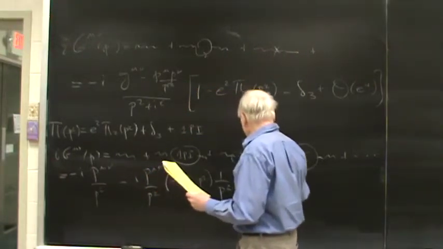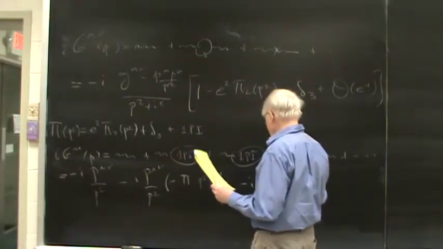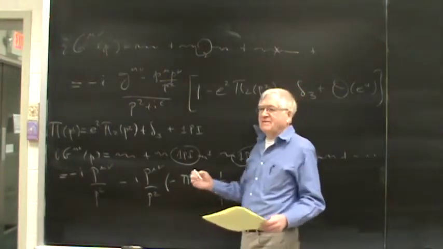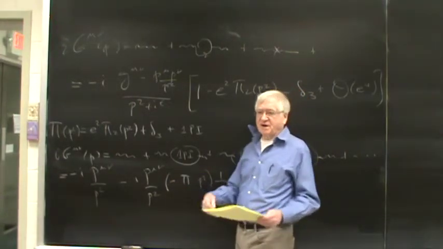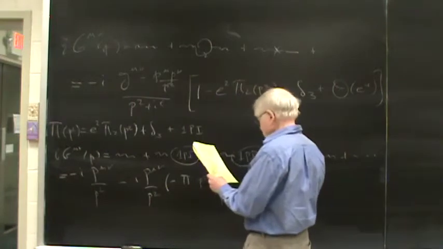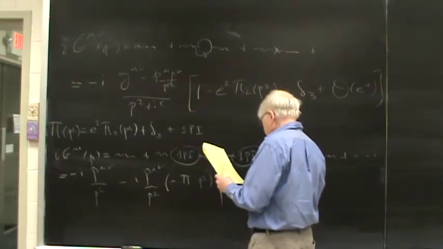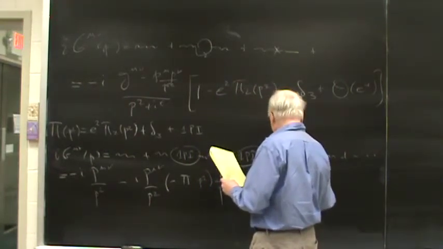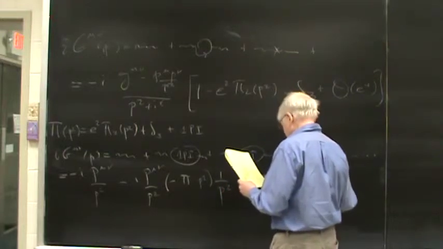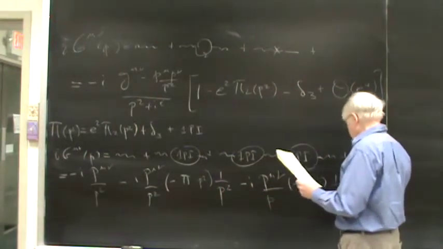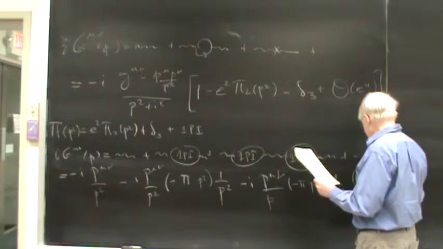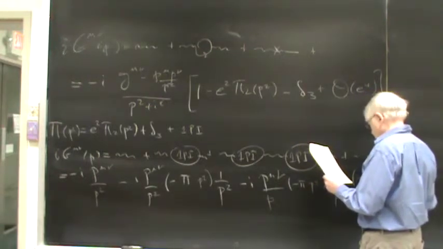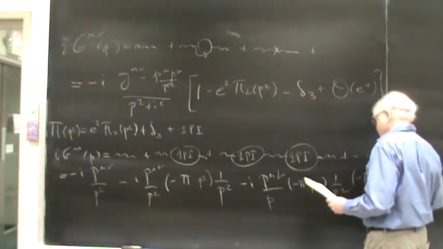It's P mu nu because, remember, the thing's a projection operator, so I'm not going to fuss with that. P mu nu over p squared, minus pi p squared, 1 over p squared, minus pi p squared, 1 over p squared, plus dot dot dot.